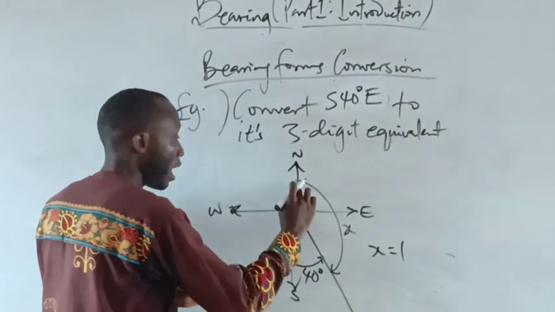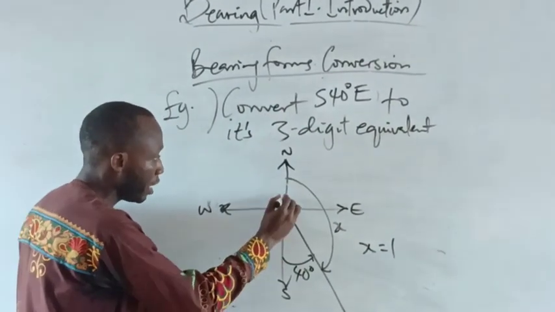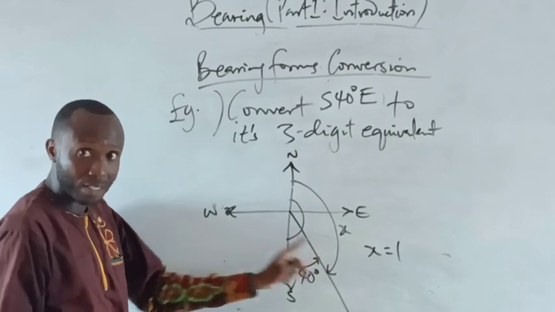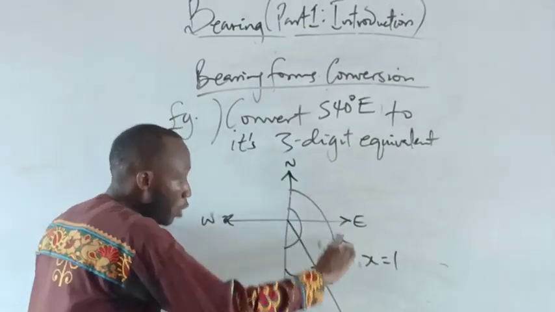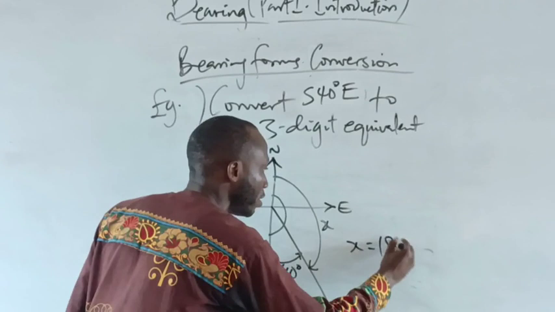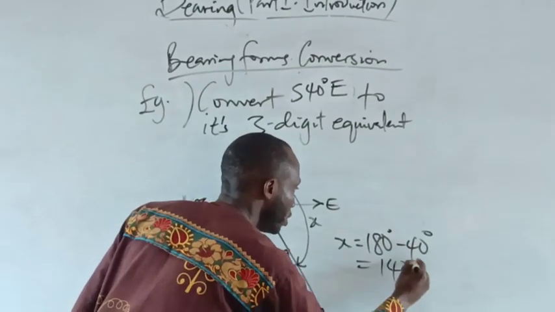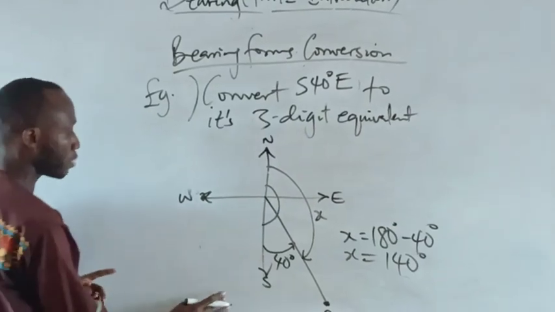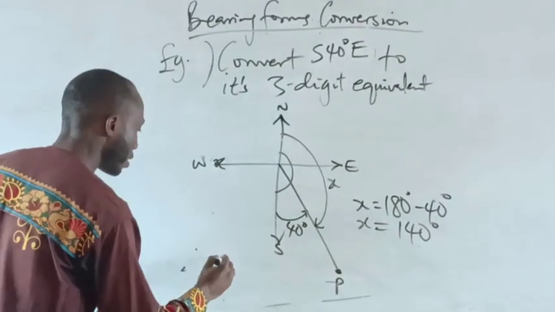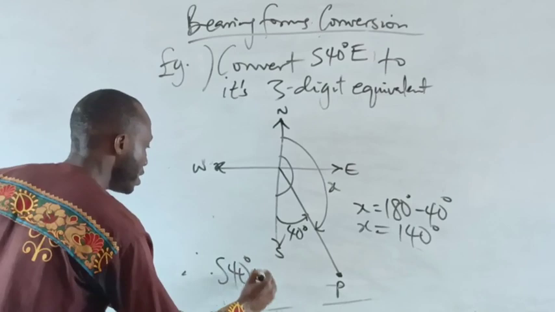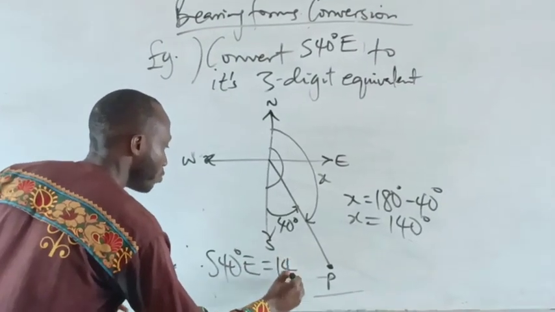Since the full angle from here to here is 180, don't forget, that's half of the circle. So the full angle is 180. So 180 degrees minus 40 degrees is equal to 140 degrees. So I can also make a bold statement here. I say that south 40 degrees east is equal to 140 degrees.